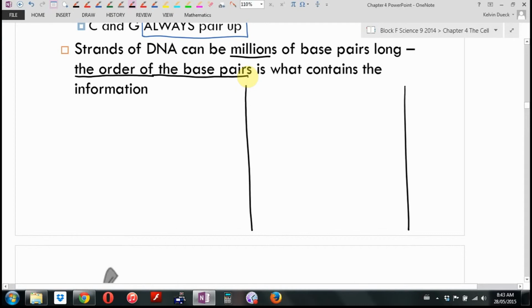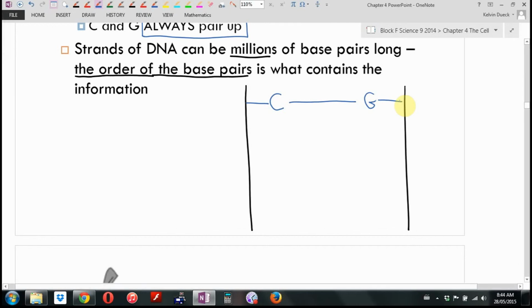Pick a letter, A, G, T, or C. I don't care. Pick one. So in our little ladder, draw a little chunk, put a C there. What it would pair up with on the other side of the ladder is a G. C always goes with G.